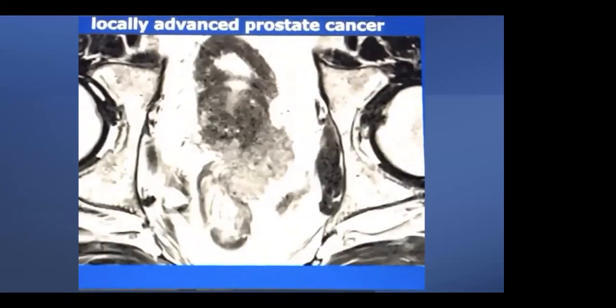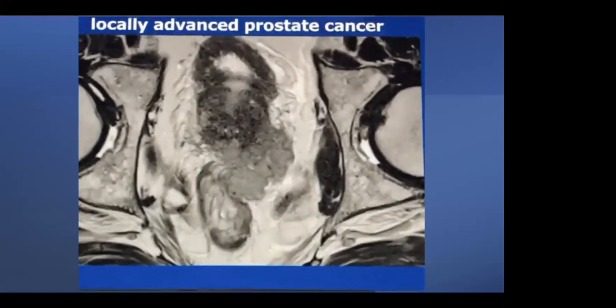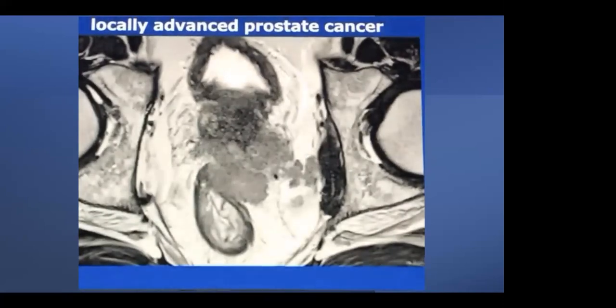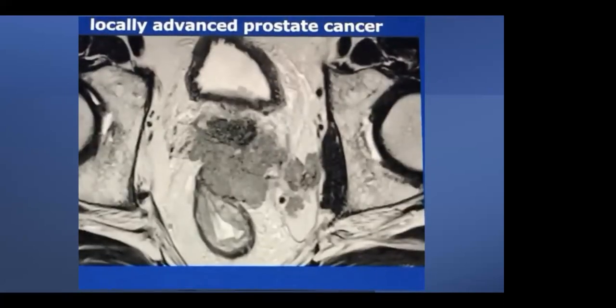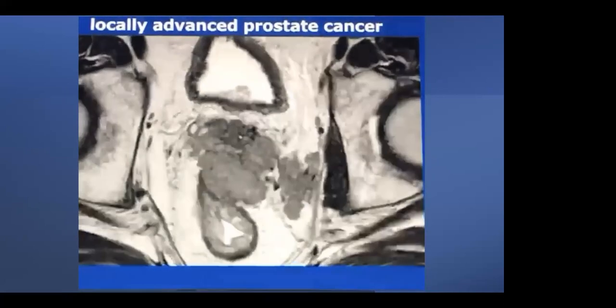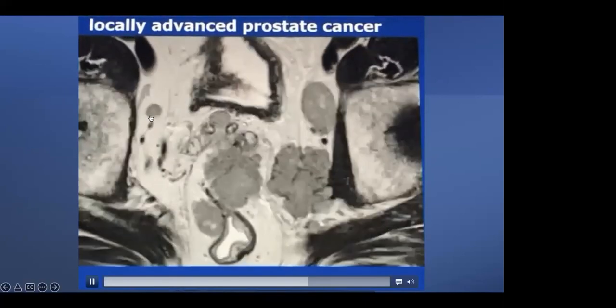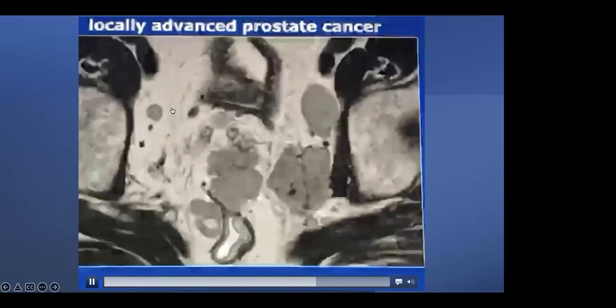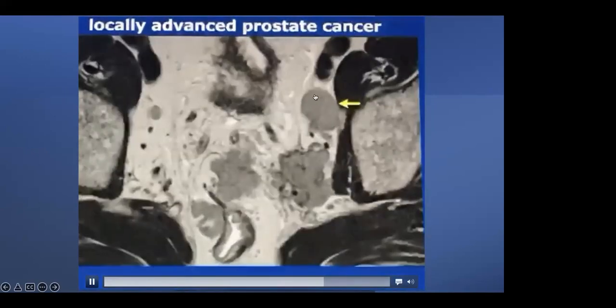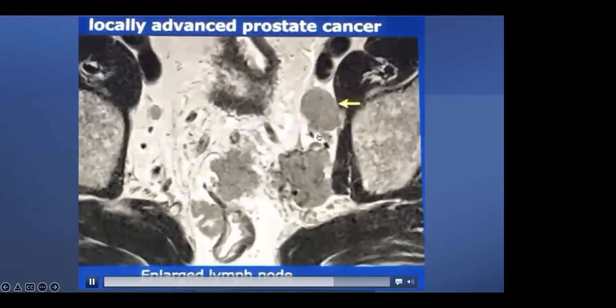And if we see that this is very ugly appearing, and if we see along on the left side, there are multiple internal iliac lymph nodes as well. You see the appearance of these lymph nodes is also similar to the appearance of the primary tumor on these T2 weighted images.